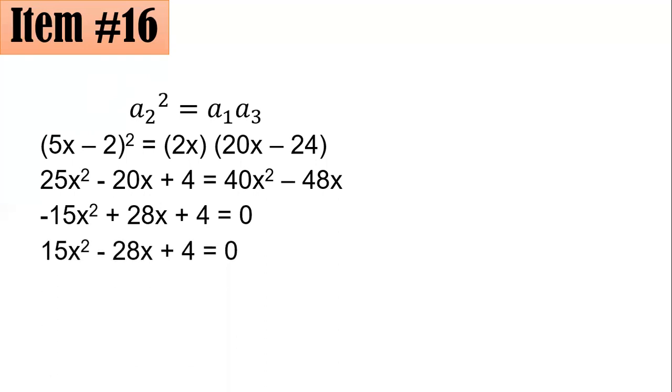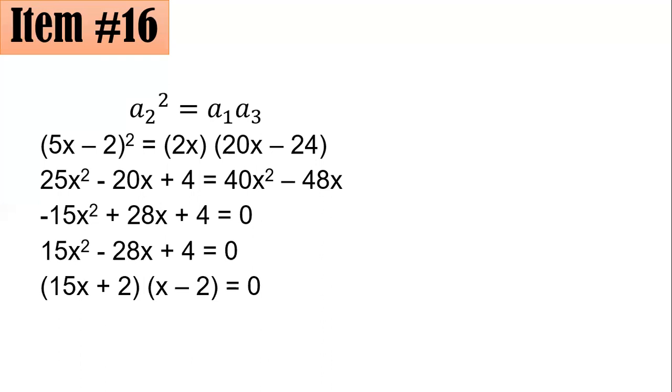To make the leading coefficient positive, what I did was I multiplied each term by negative 1. Hence, I have 15x squared minus 28x plus 4 equals 0. This problem could be solved using factoring. The given trinomial could be factored as 15x plus 2 times the quantity x minus 2 equals 0.